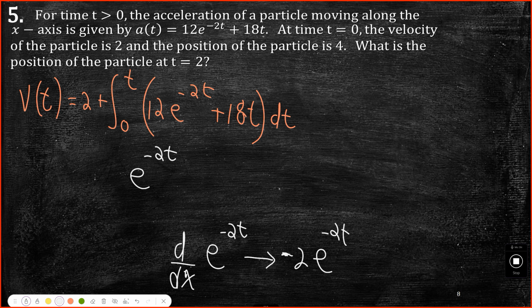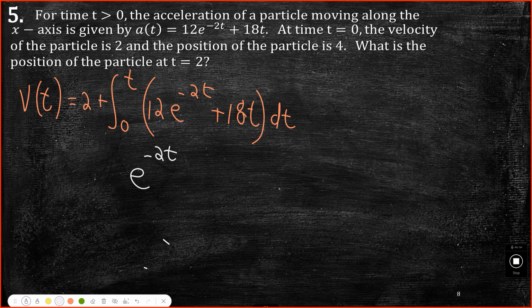Put it in the front. If we put it in the front for the derivative, what do you think we're going to do for the integral? If we multiply for the derivative, what are we going to do for the integral? Divide by negative 2. So instead of putting it in the front, we're going to divide by negative 2.